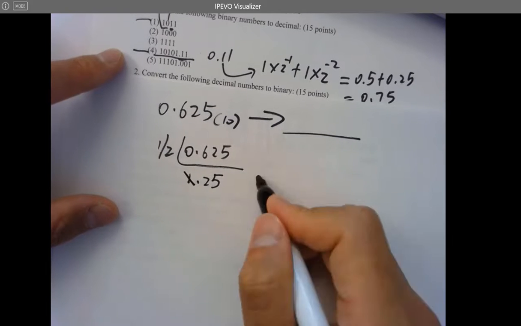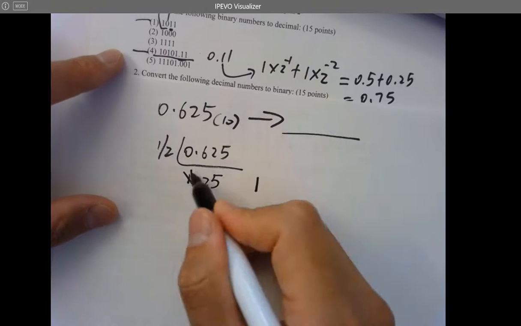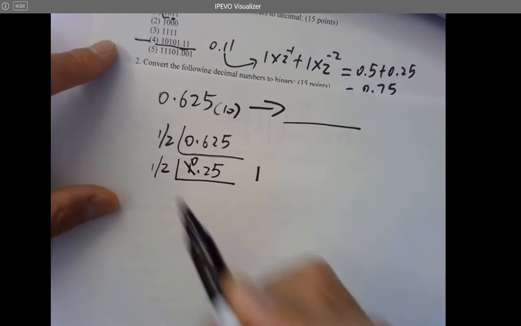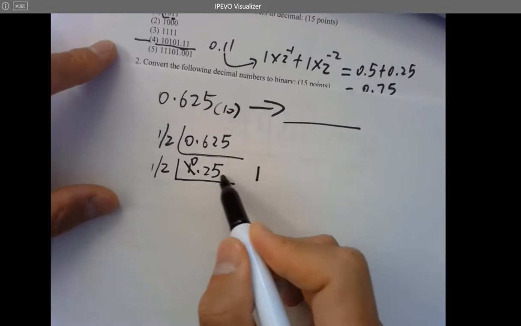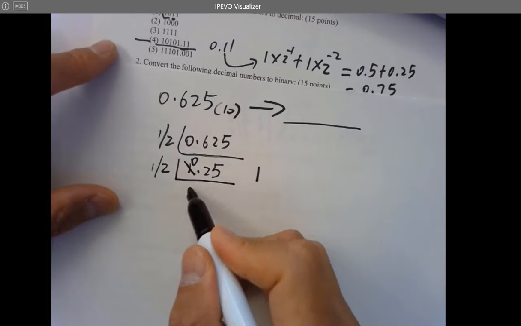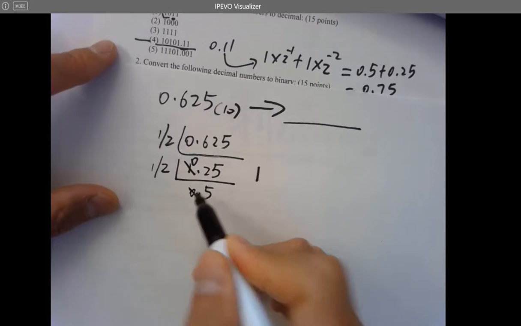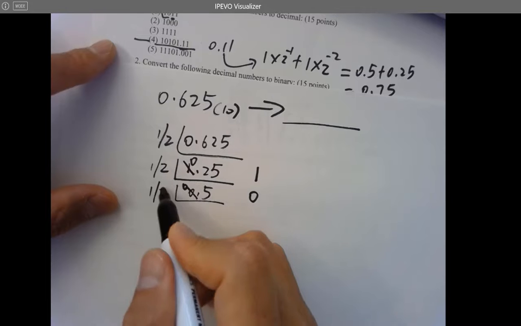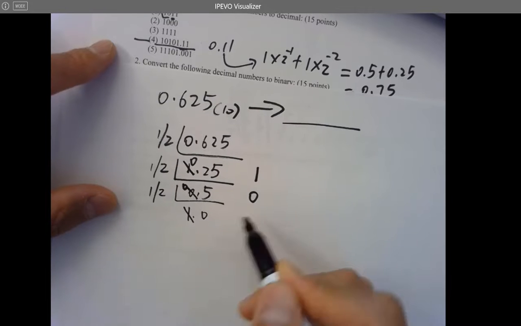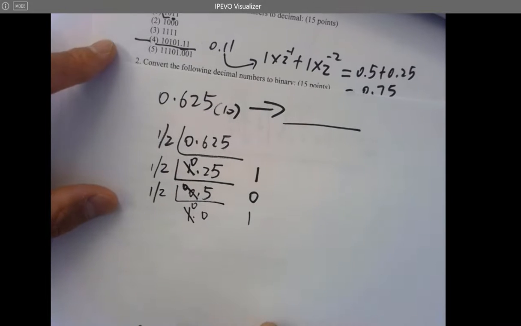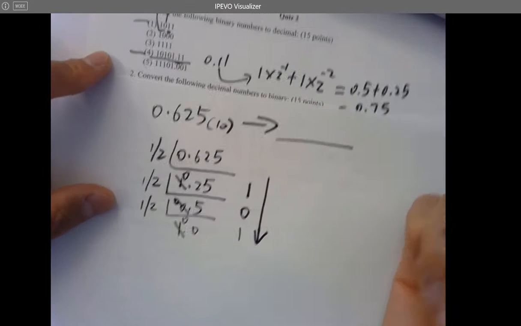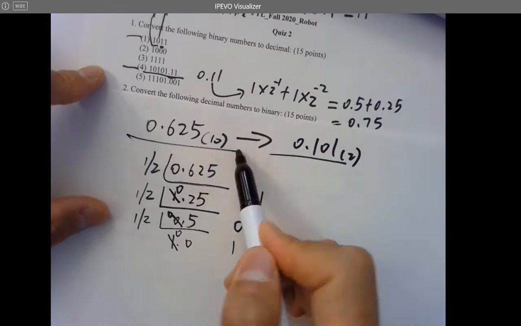Take the 1 out to here and reset it to 0, then do it again. 0.25 times 2 will be 0.5, so put a 0 here. Do this again: 1.0, so 1, then 0.0, done. Looking from the top to the bottom, you are getting 0.101. That's the binary form of this decimal number.